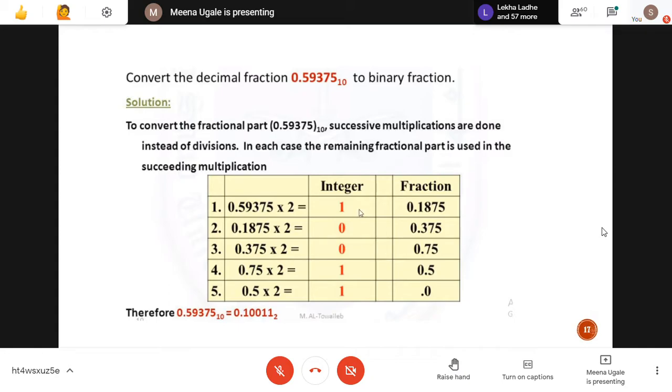Reading out the number from top to bottom, 10011. That is my final equivalent for this number. Same example, similar way we are solving this.